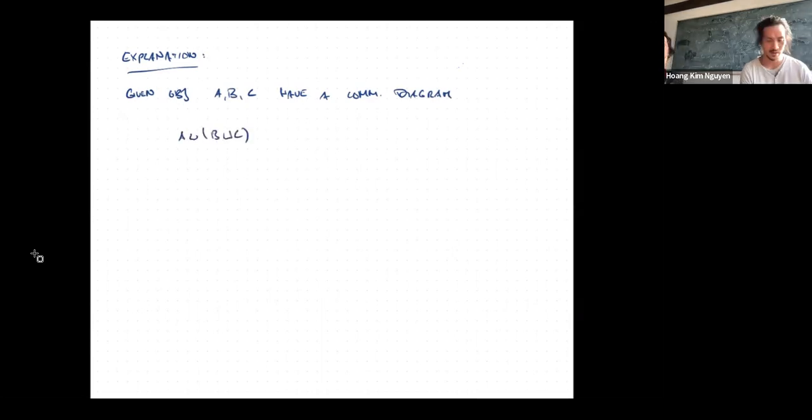I'm doing the same diagram as before, just replacing everything with arbitrary objects. But the point is that having this associator really gives us an associator isomorphism. So I can take either the join of B and C first, or the join of A and B first.